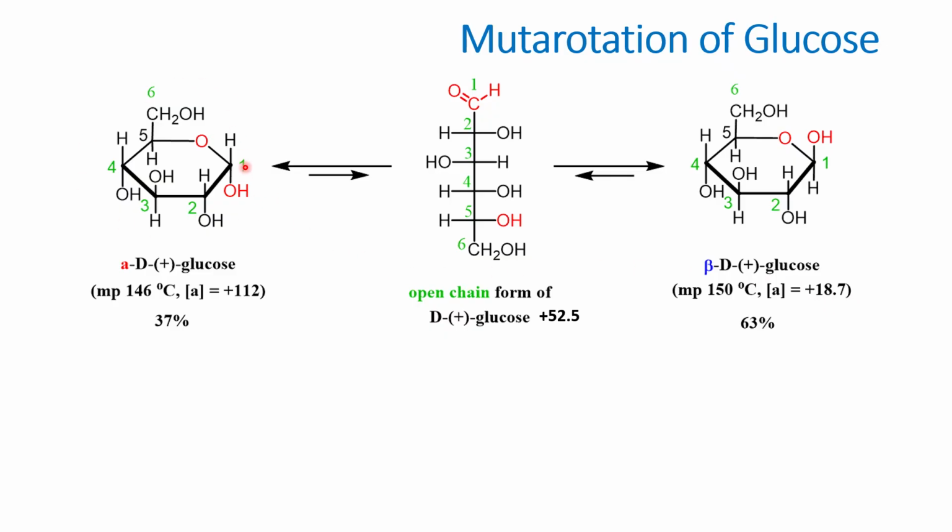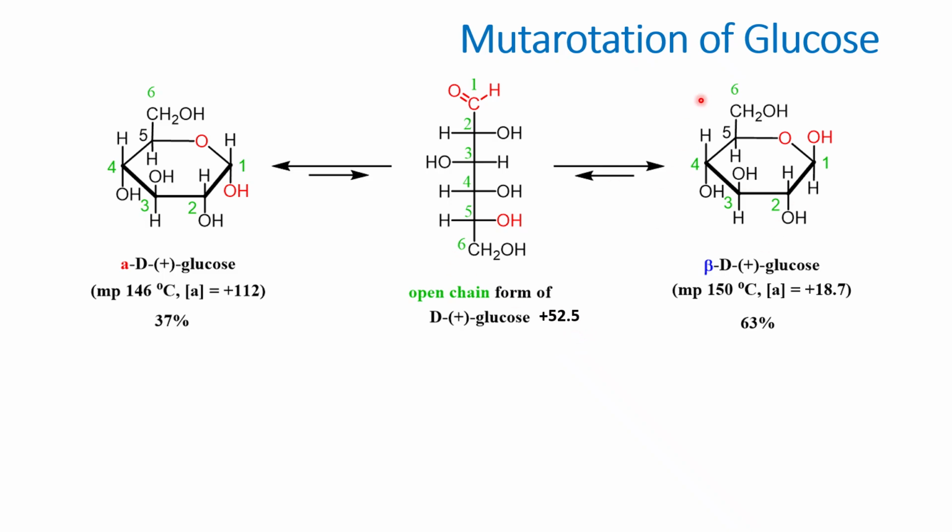So in solid state, you have alpha D glucose and also beta D glucose. But when you dissolve alpha D glucose in water, it will equilibrate to the open chain structure, and its specific rotation will change from plus 112 to 52.5. The open chain glucose has a specific rotation of 52.5.